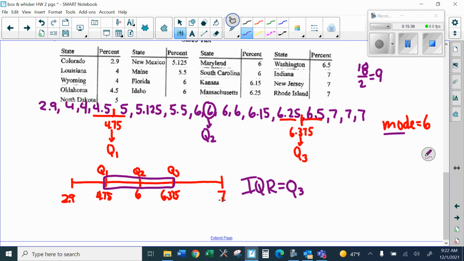You can write it out so you work on memorizing what it is. Q3 minus Q1. And then write out those numbers, 6.375 minus Q1, 4.75. Okay, you could just put this in a calculator. I'm just going to do it here. So there's the IQR.